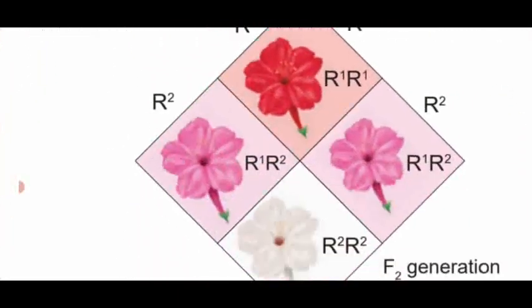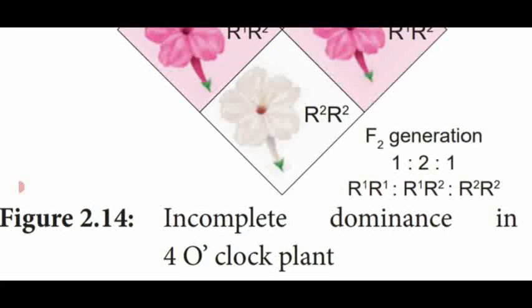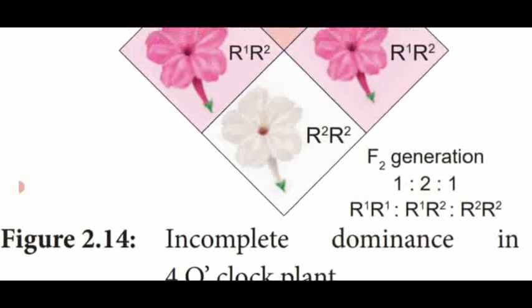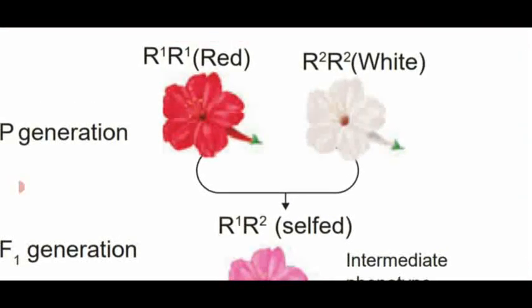The phenotypic ratio of incomplete dominance is 1:2:1. The genotypic ratio is R1R1, the dominant parent, R2R2, the recessive parent, and R1R2, the heterozygous intermediate pink color flower. That is incomplete dominance in the 4 o'clock plant.